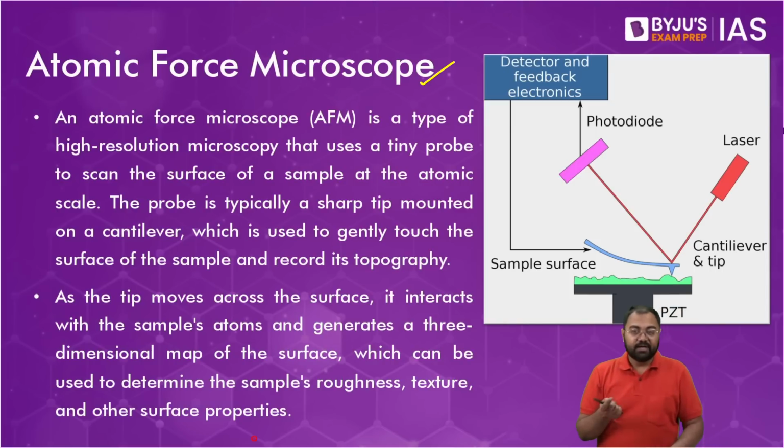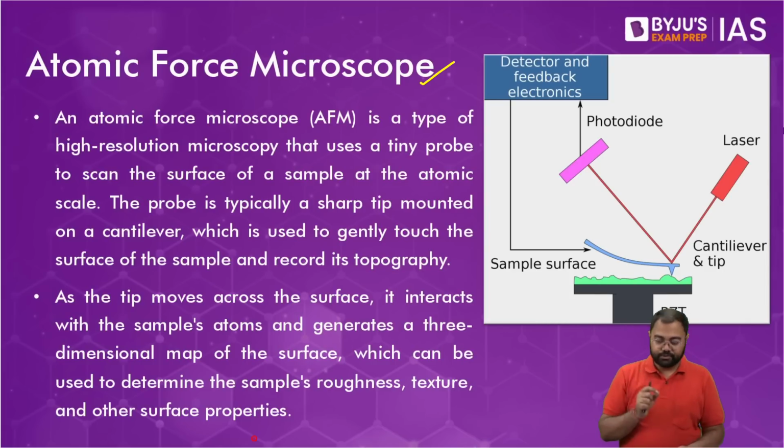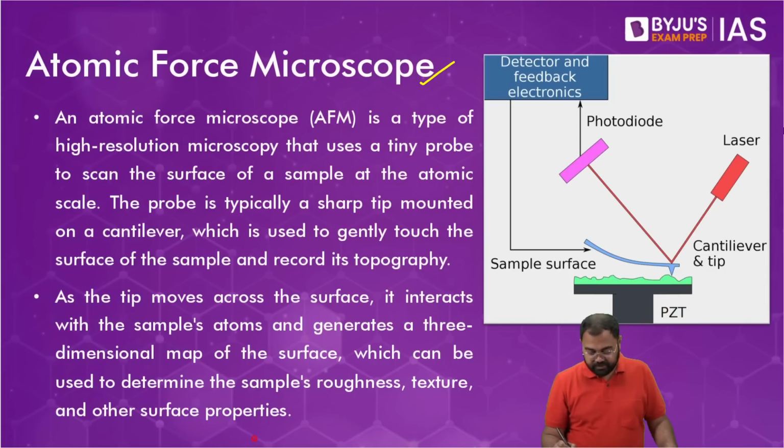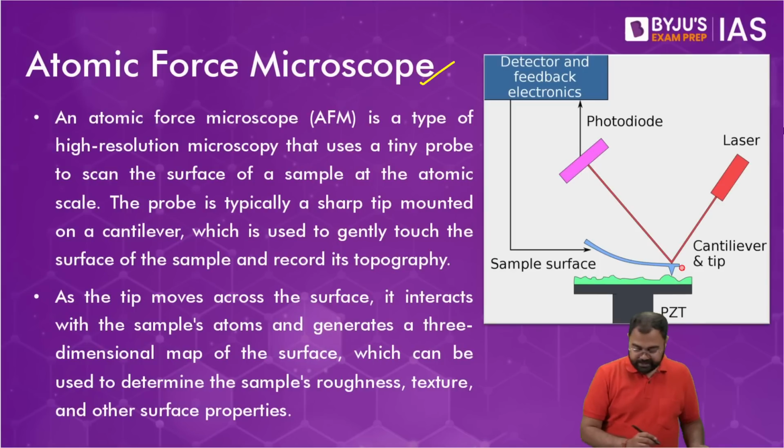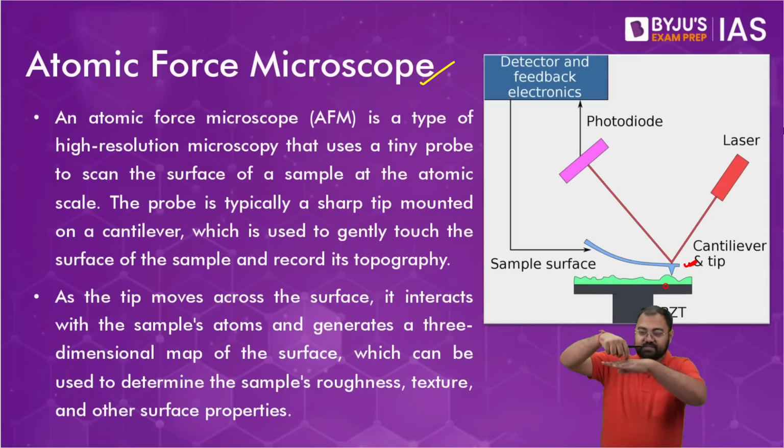That is where another microscope comes in useful, the atomic force microscope, where, as you can see, there is a cantilever and a tip which just runs over the surface and scans it, and as it scans, it is able to analyze what the surface is.